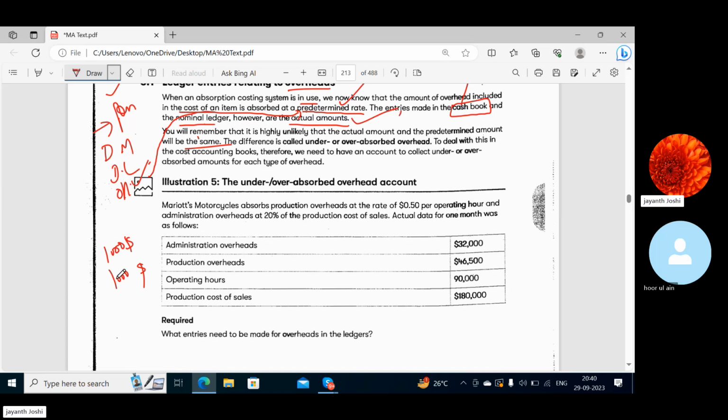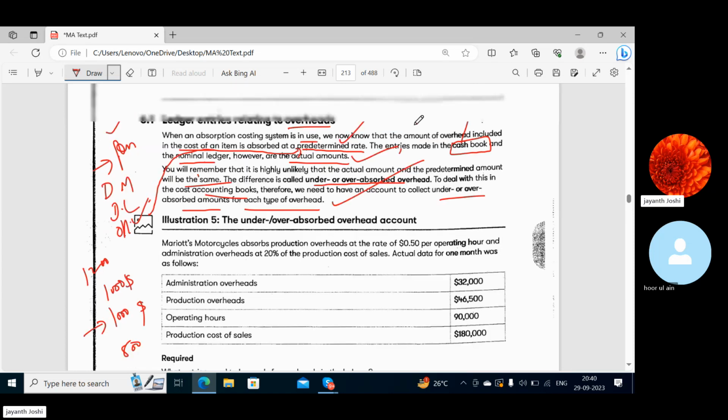Various times, what you estimated is 1,000 and what you pay is either 1,200 or 800. Now there comes the concept of under and over absorption. To deal with this in the cost accounting books, we need an account to collect under absorption or over absorption of overheads for each type of overhead.